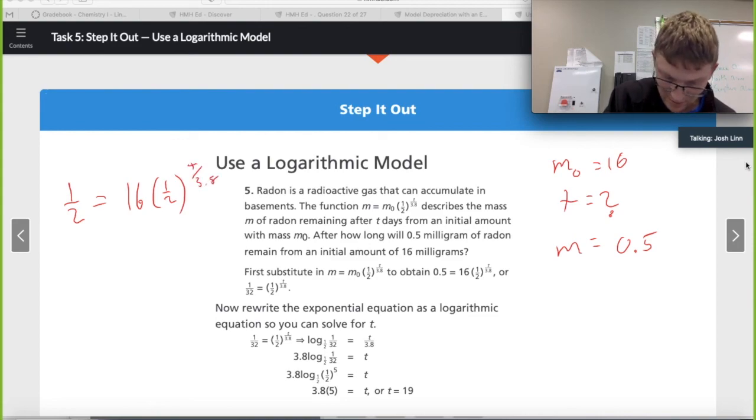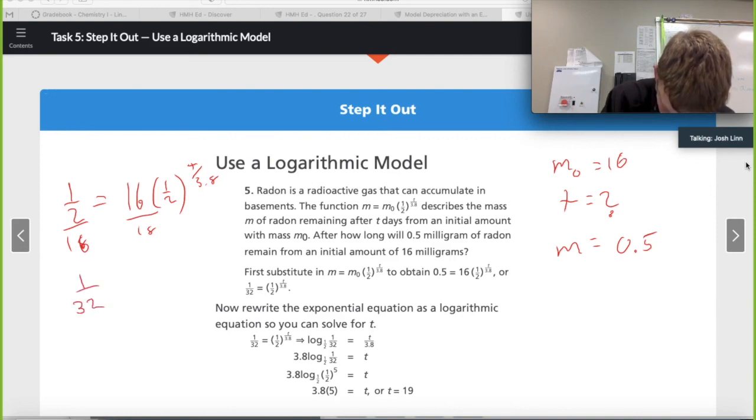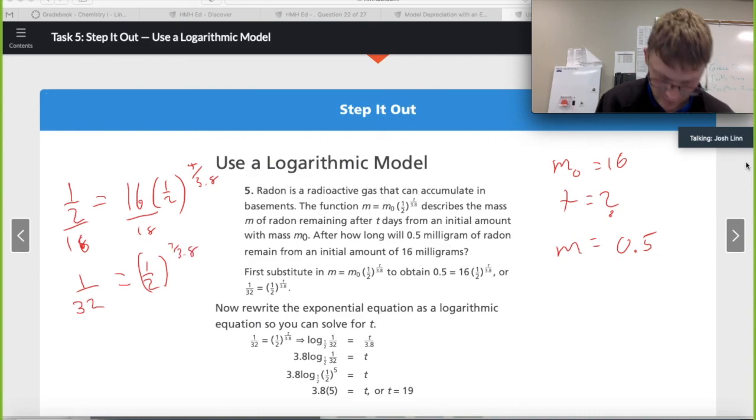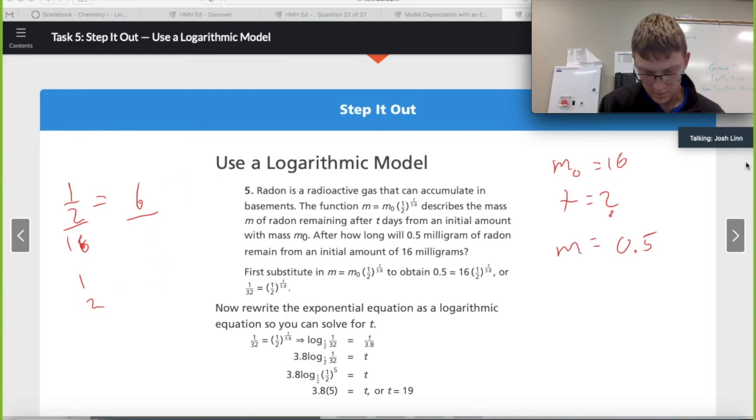So we divided both sides by 16. 16 times 2 is 32, so 1 over 32 equals 1/2 to the power of t over 3.8. So that's how they got there. Sorry, I just scratched that out real quick.